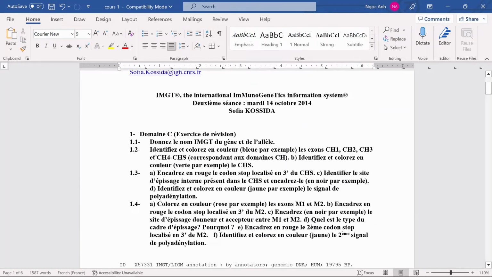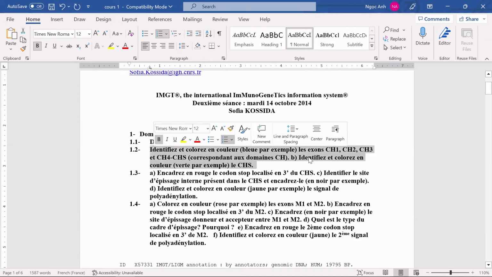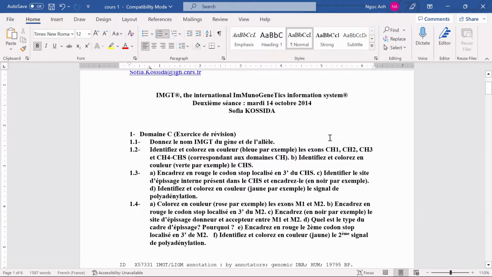You need to identify, in a color, maybe blue, for instance, the exons. How many exons do we have in a constant heavy M chain? We have 4. We should not do it only for the coloring. We are not at kindergarten. We do it to understand the theory, to make it a bit clearer.